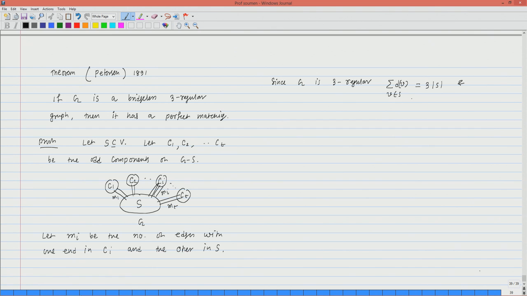And the summation of the degree sum for v belonging to Ci is equal to 3 times the number of vertices in Ci.